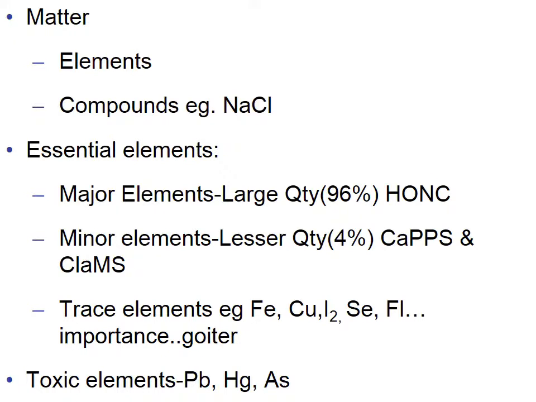Okay, so we start with talking about matter, and as you can see, everything that exists is composed of matter. And if you break it down into its smallest form, you can call they are elements which belong to one particular category.